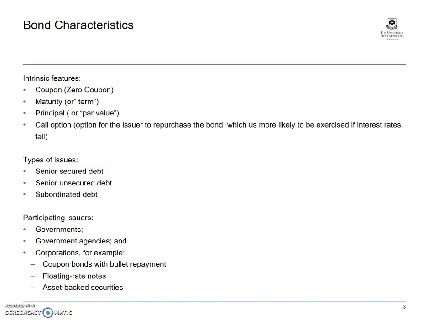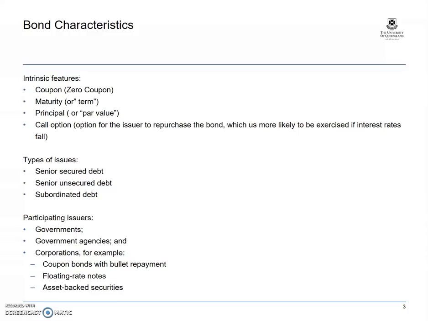That's the term. So how long has the company borrowed this money for, or how long until the investor gets repaid their principal. The principal is obviously the initial amount that is raised for each bond. This is often called the par value.